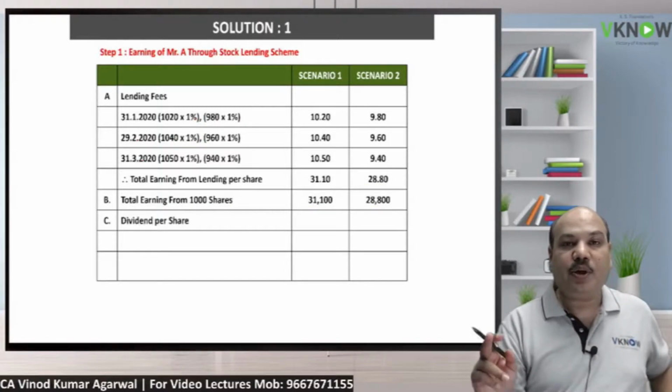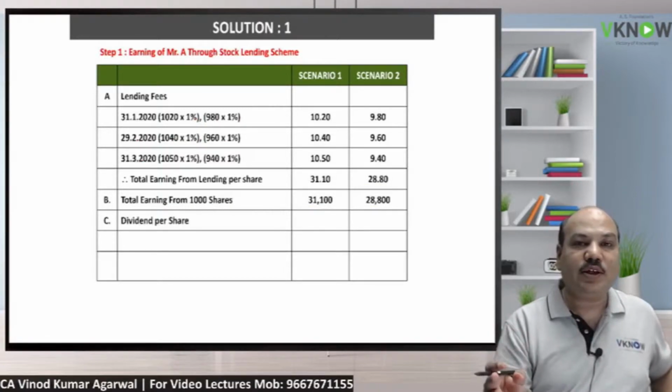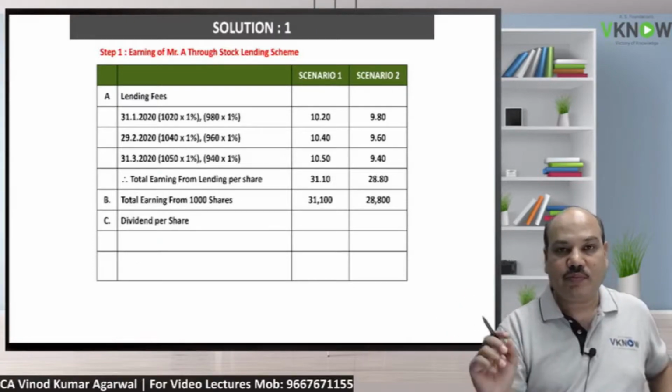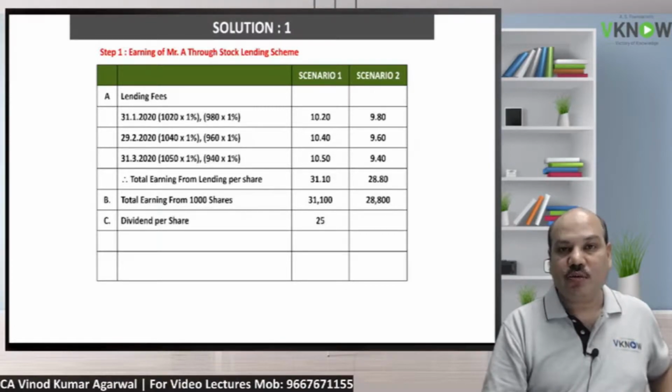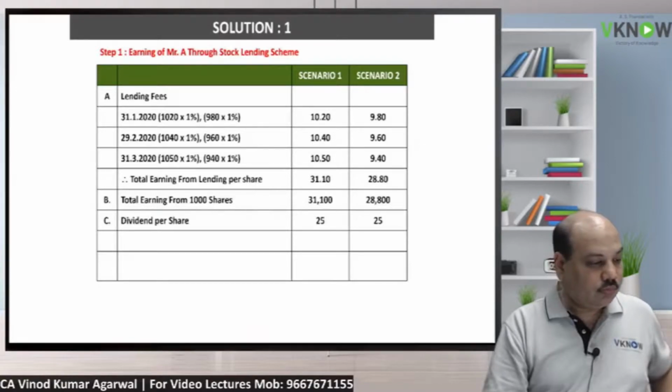Any dividend paid by the company will be compensated by the short seller to Mr. A. Okay. So now you write down the next line, point number C, dividend per share. Dividend is 25 rupees per share.